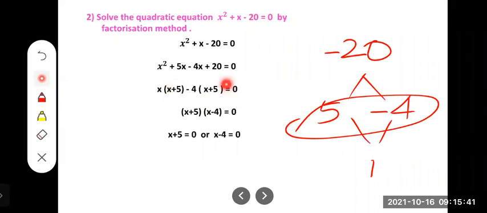Then you take x plus 5 common outside, and here you get x minus 4. So then you equate to 0. You will get x equal to minus 5 and x equal to 4. Okay, students? Yes, here a little minus sign went wrong there. We will see the next sum, children.